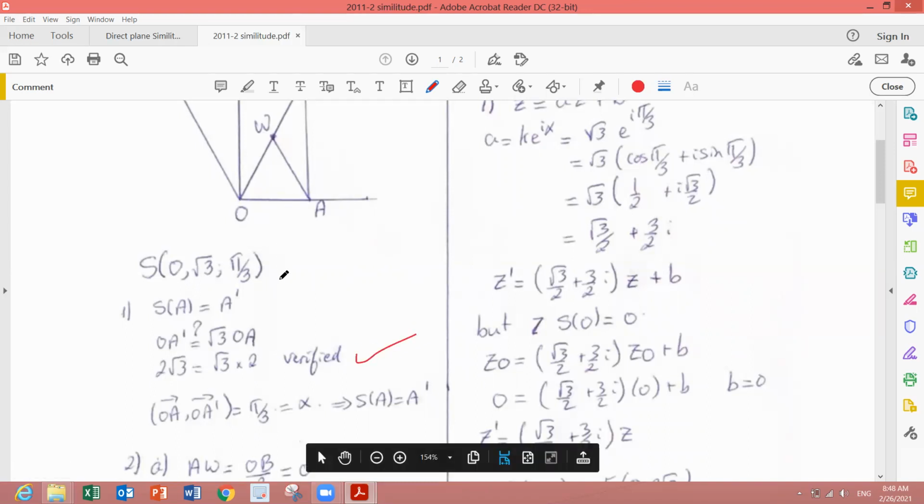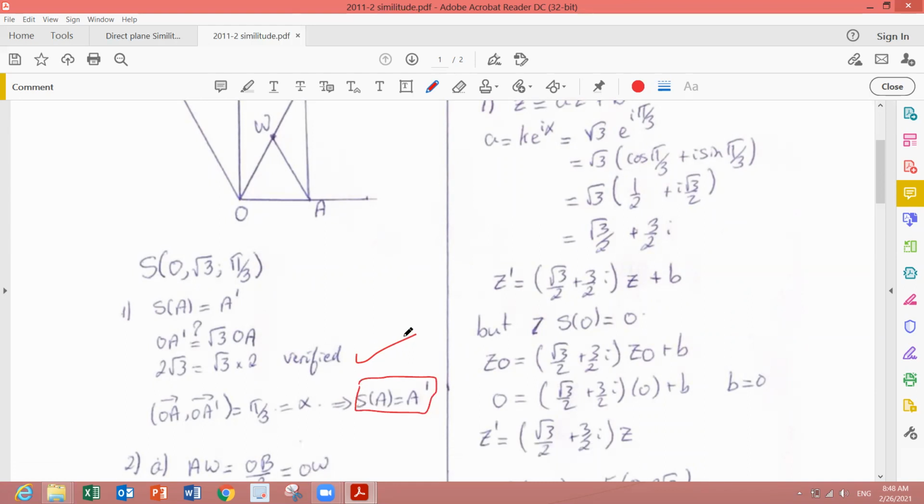The angle OA prime is pi over 3, given. Then S of A equal A prime.